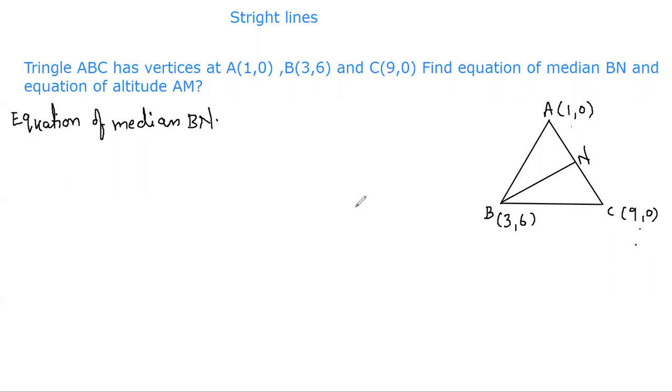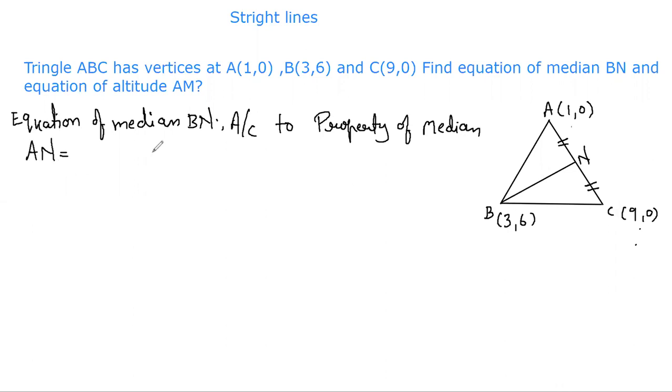Now we know, according to the property of median, that it divides the opposite line into two equal parts. That means AN is equal to NC, because a median divides the opposite line into two equal parts.